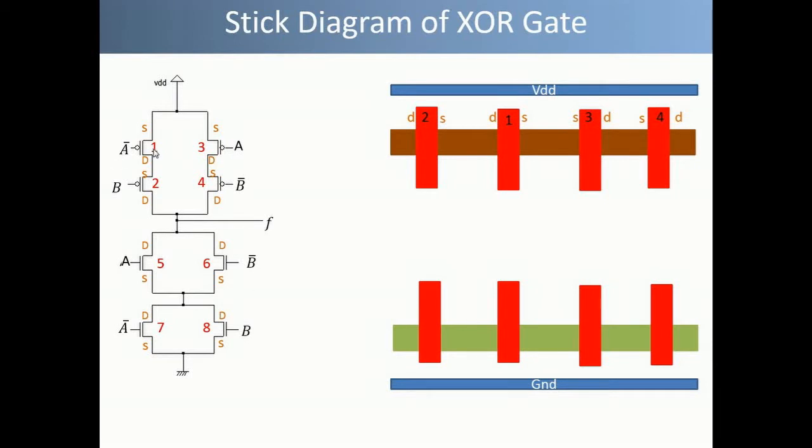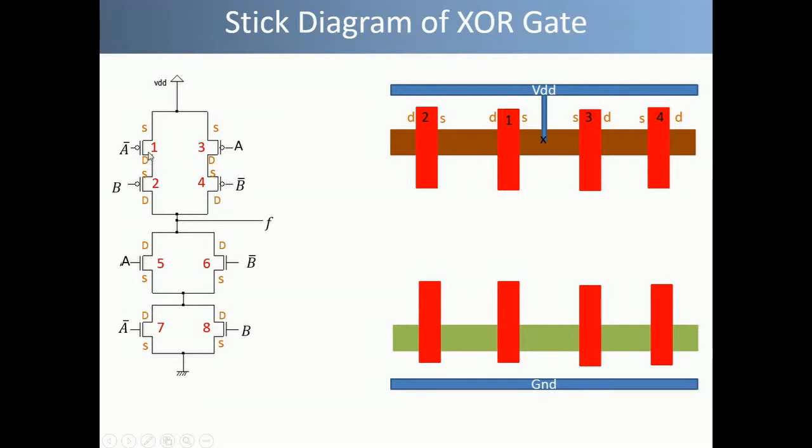Now as we know from the schematic that the source terminal of transistor 1 and transistor 3 are connected to the VDD supply. So from the stick diagram we place a contact over here and connect it to VDD through metal 1 like this.